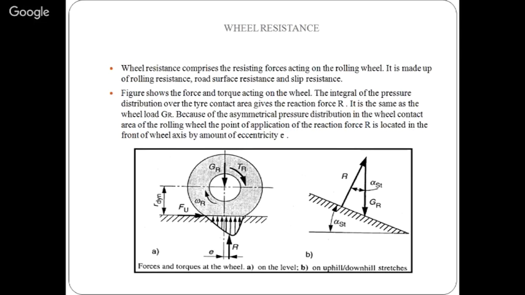The integral of pressure distribution over the tire contact area gives the reaction force R, which is the same as wheel load GR. Because of the asymmetric pressure distribution in the wheel contact area of a rolling wheel, the point of application of reaction force R is located ahead of the wheel axis by the amount of eccentricity E.